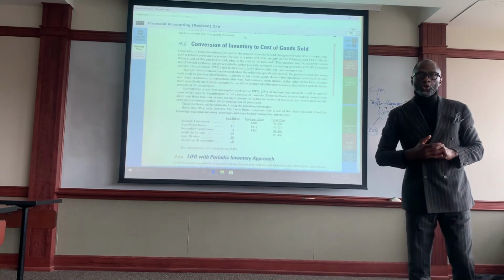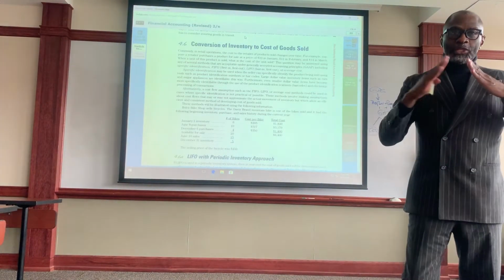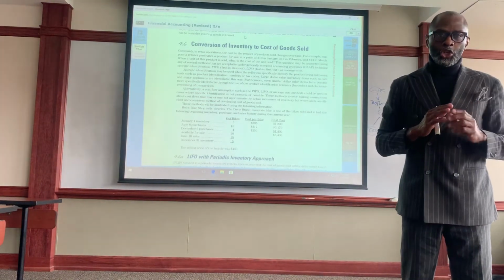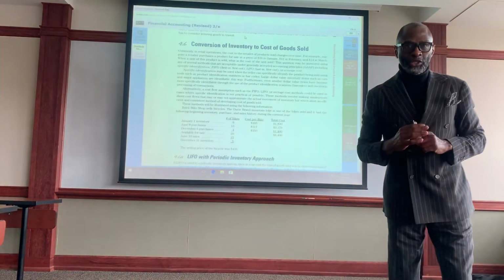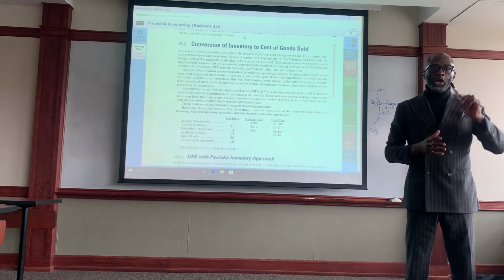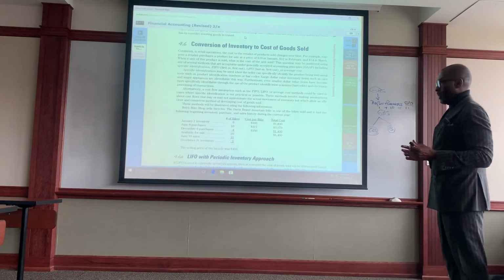I also told you to remember that goods available for sale can break into two components. It represents cost of goods sold and ending inventory. What do you mean?